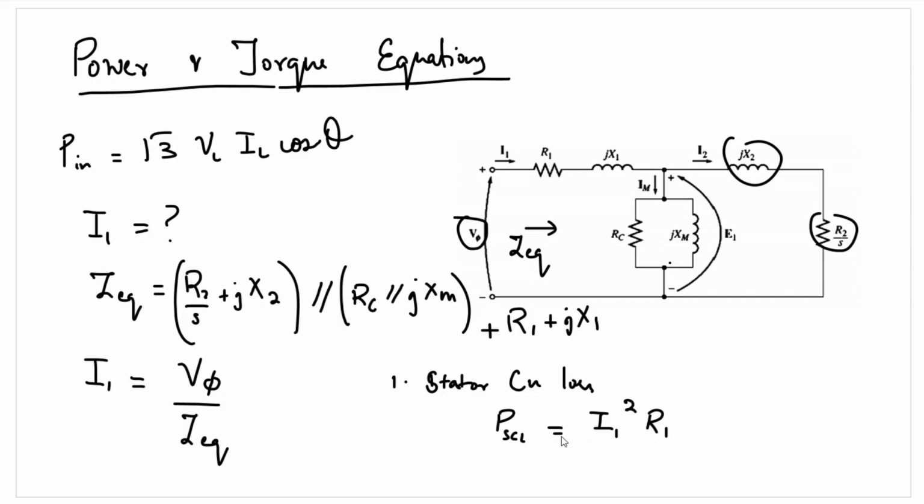Now this will be for one phase. Combining it for all the three phases, the stator copper losses will be thrice I1 square R1.